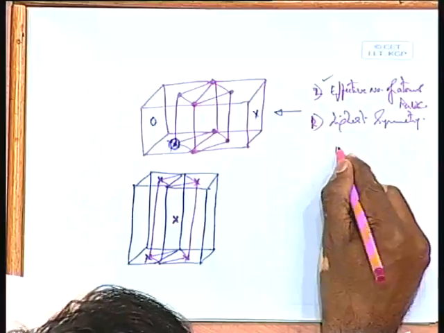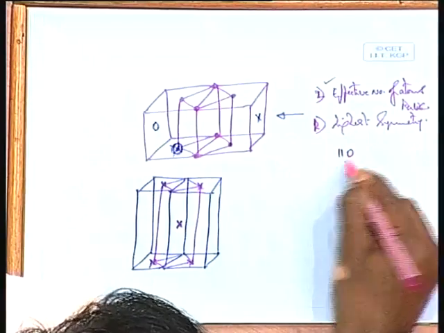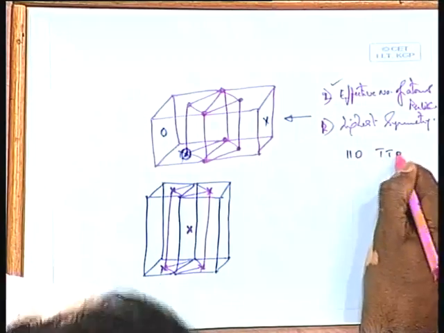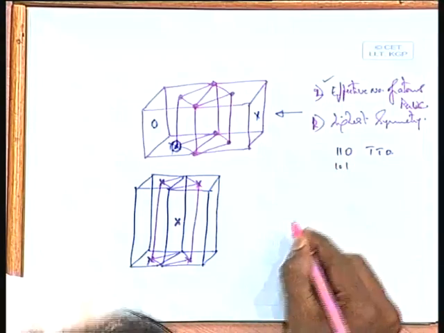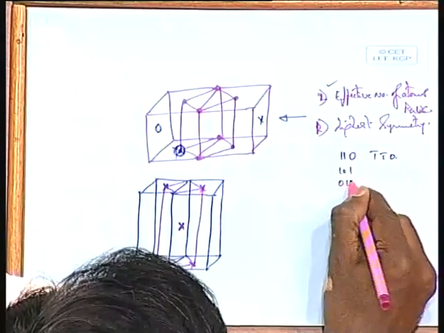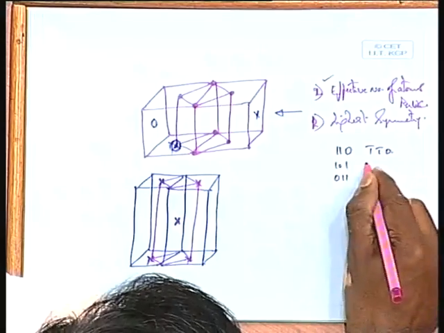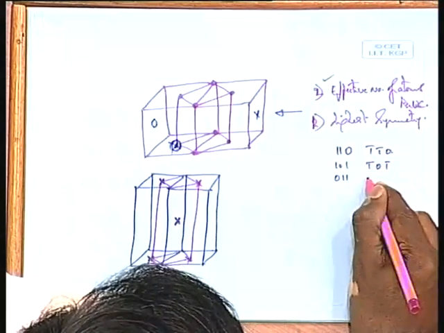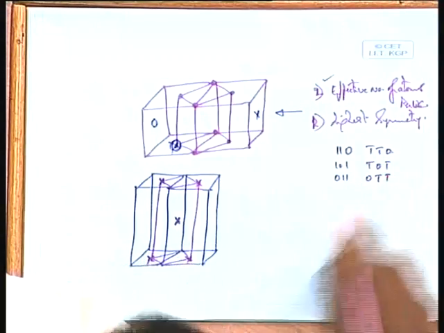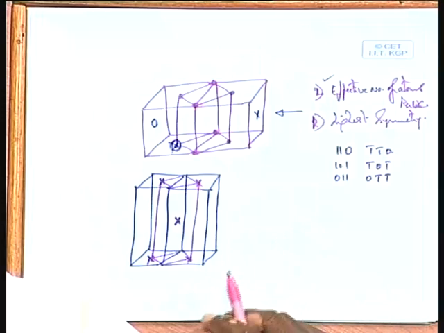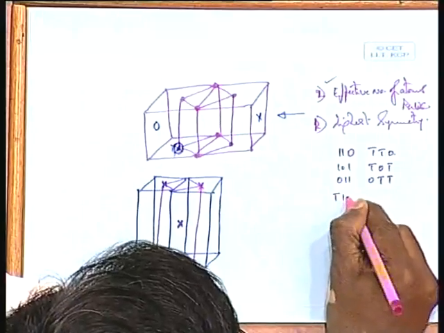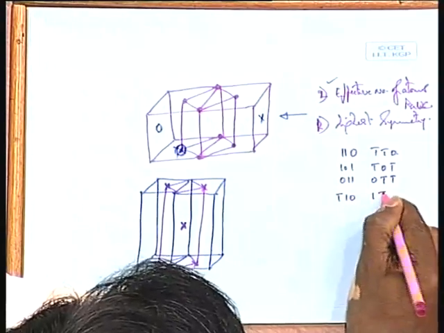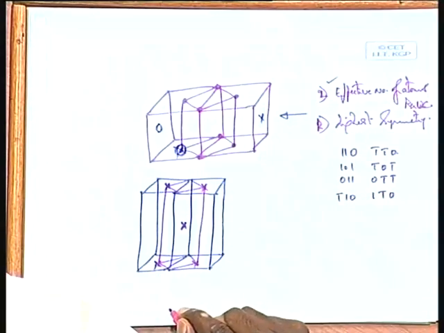Imagine 110, okay, bar 1 bar 1 0, okay, 101, okay, and 011, okay, bar 1 0 bar 1, 0 bar 1 bar 1. How many are there now? 6. Okay. Any other combinations possible? For example, bar 1 1 0, 1 bar 1 0. Okay.